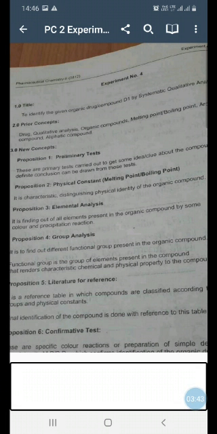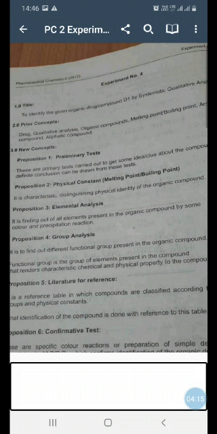Now, for the sake of ease of study, all the organic compounds are divided into 6 groups depending on their solubility. They are titled as group 1, group 2, group 3A, group 3B, group 4, group 5 and group 6. Every organic compound is a member of one or more groups. There is no organic compound which does not belong to these groups.